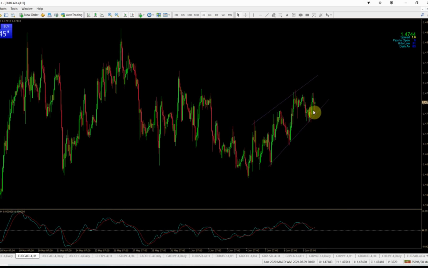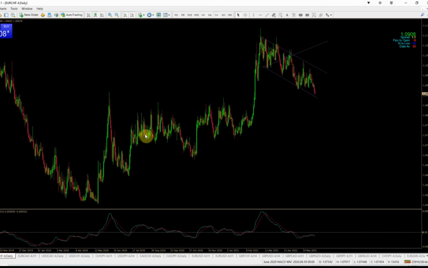And again, you should try to always do it in the direction of the longer-term trend. In this case, there really is no trend on the long-term time frame, the daily. But these are opportunities to trade simple technical bounces within these two trend lines. Obviously, there's no trade here right now, but I just wanted to show you this one.